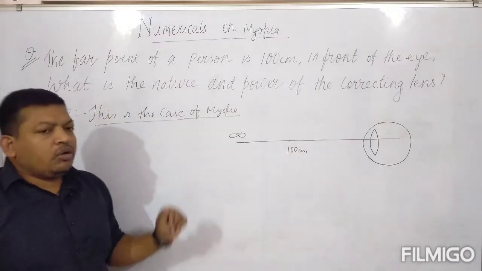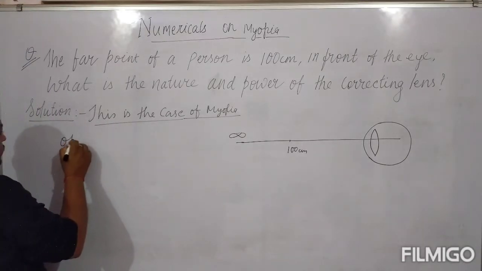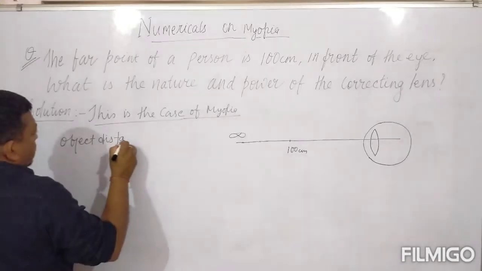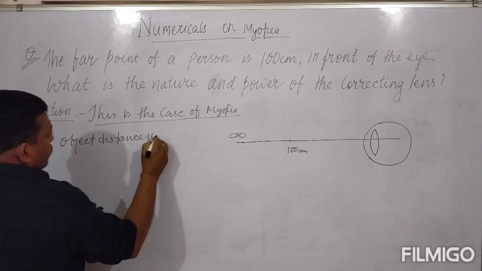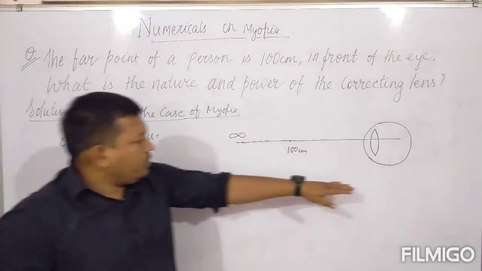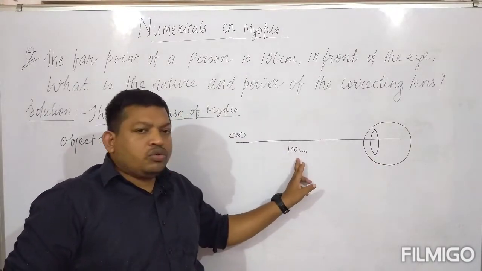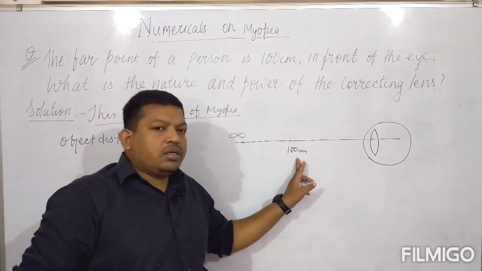Now, what will be the image distance and what will be the object distance? I am repeating again, a person can see the image of those objects which are at infinity, and the image is forming at 100 centimeter.